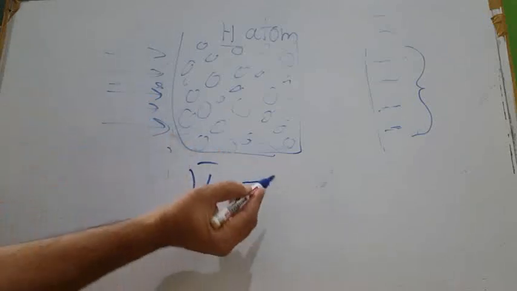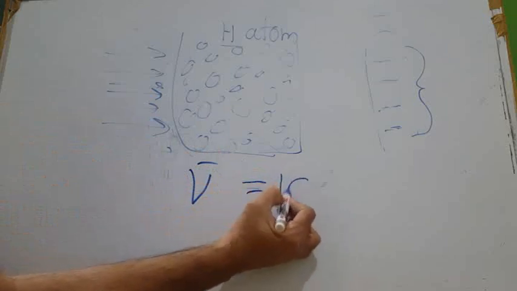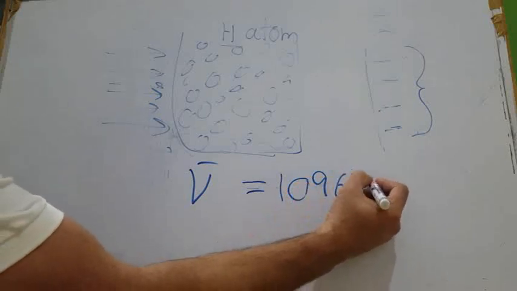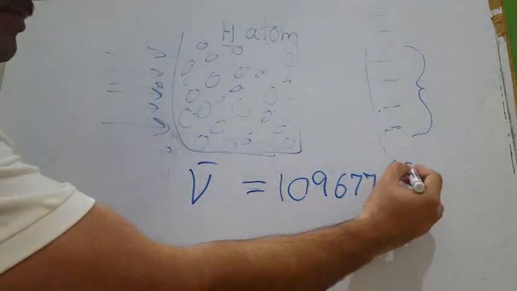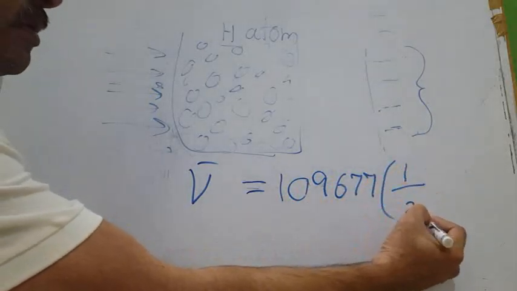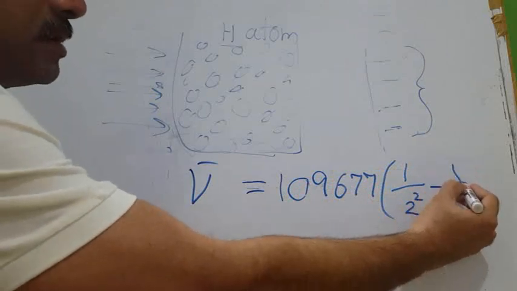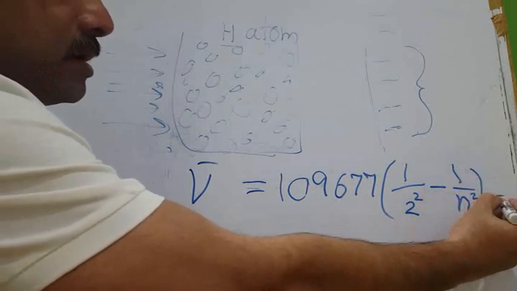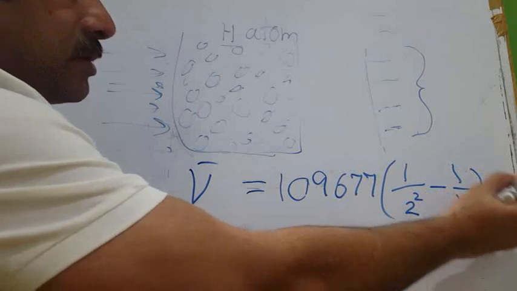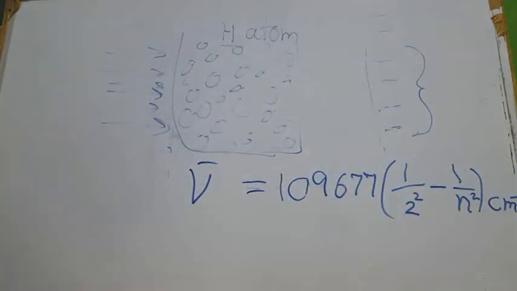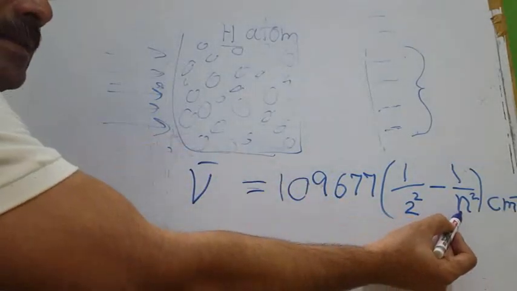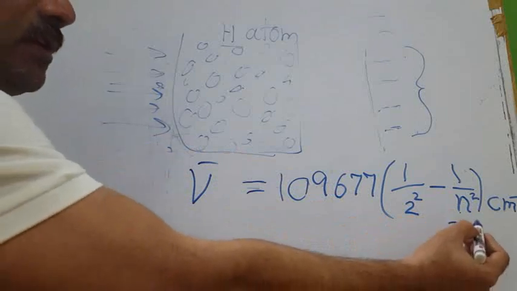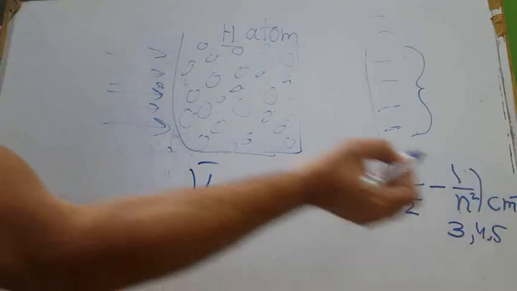Relation was that nu bar is equal to 1096777 into 1 upon 2 square minus 1 upon n square per centimeter, where n is a whole number starting from 3, like 3, 4, 5 and so on.